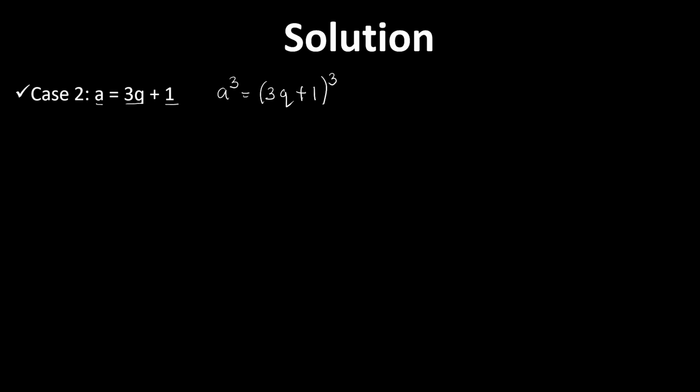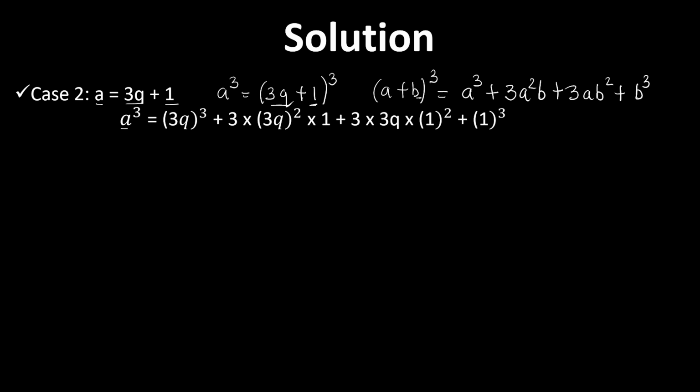We will be using the identity which says a plus b whole cube is equal to a cube plus 3a square b plus 3ab square plus b cube. So using this identity, we are going to expand 3q plus 1 whole cube, where if you compare, a is nothing but 3q and b value we are going to take as 1.